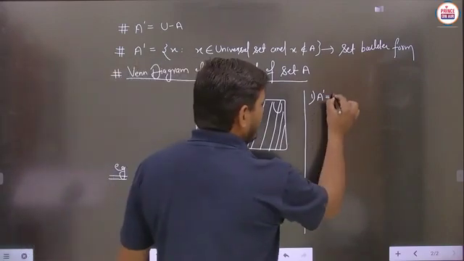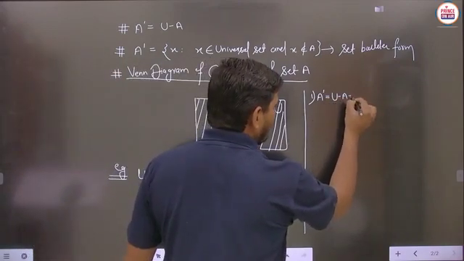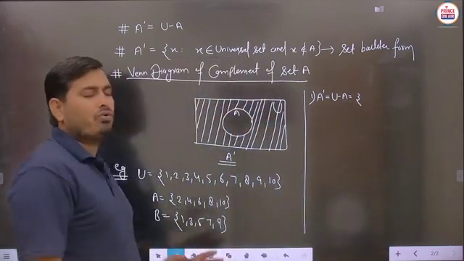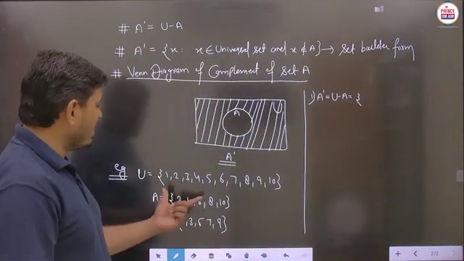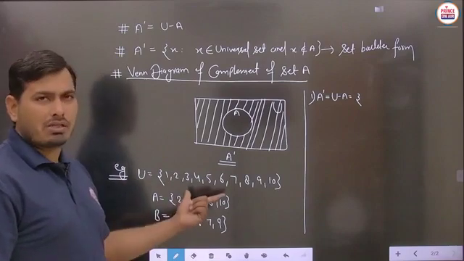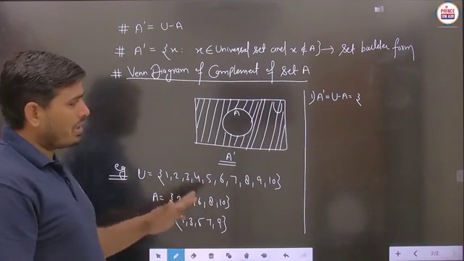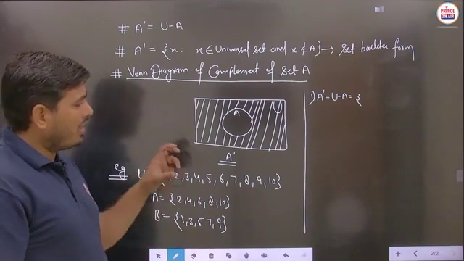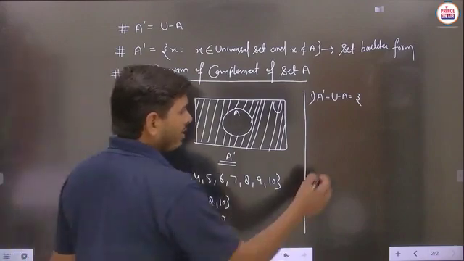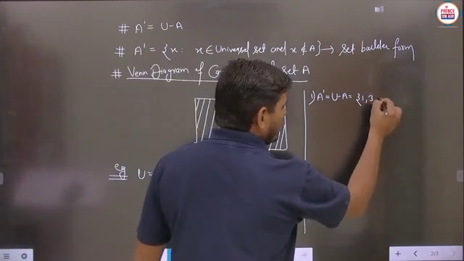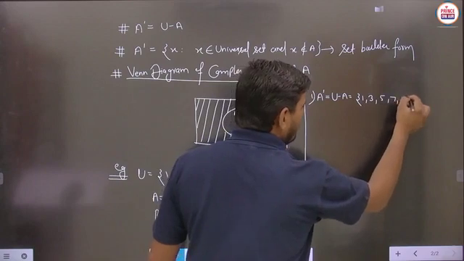Then A dash is defined as U minus A. We write the elements of U only, not A. So we remove these elements from the universal set, because the difference of two sets means we write the elements of the universal set only. So the answer is 1, 3, 5, 7, 9.